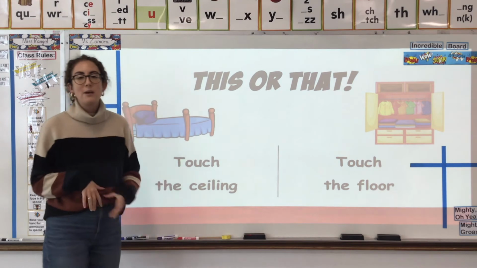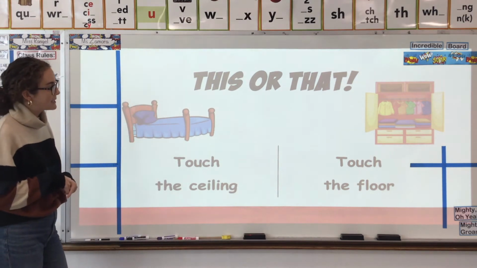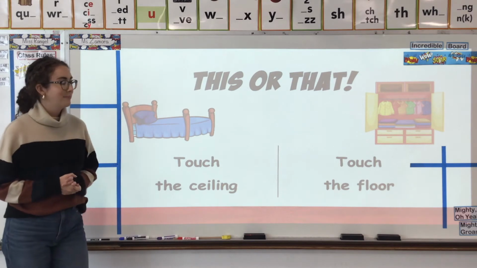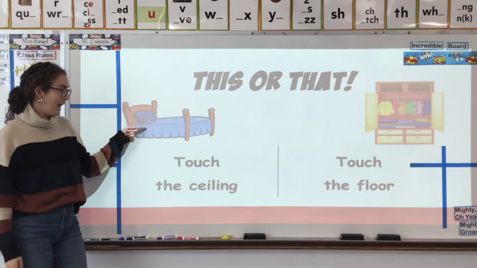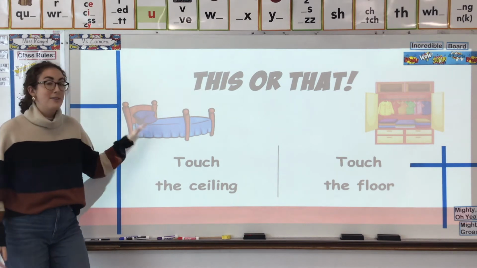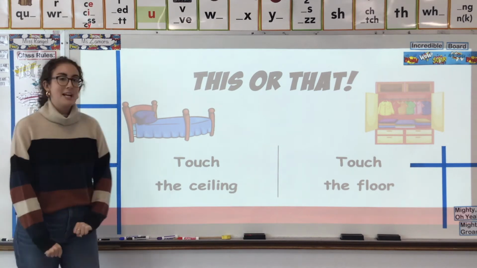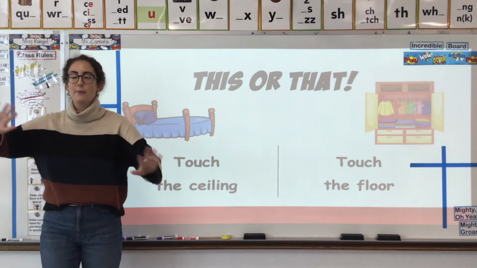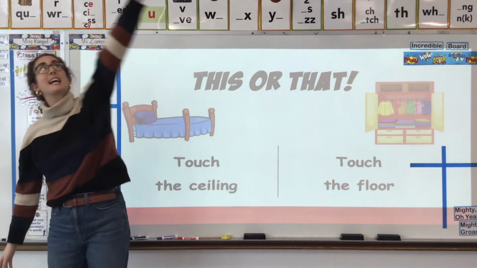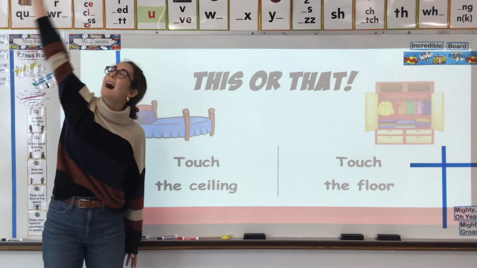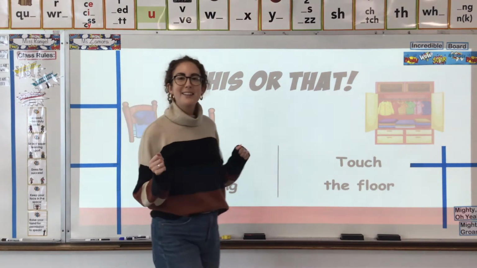What place do you think would be a better hiding spot? I think under the bed, because I don't think anyone would think I could fit under the bed. So I think that would be a good spot. So I'm going to touch the ceiling 5 times. Did you make your pick? Okay, here we go. 1, 2, 3, 4, 5. There we go. Got a little stretch in.